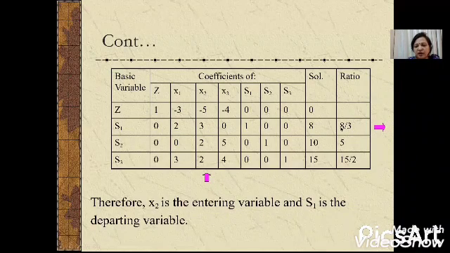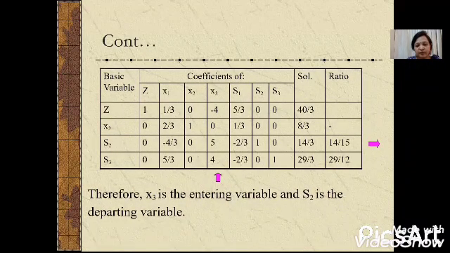So s1 is the departing variable. At the junction point, we have this element 3. So we convert this 3 into 1 by dividing this whole row by 3. And then by row operations, we obtain 0 in the other positions of the entering variable column. So finally, we get the new table as this one.